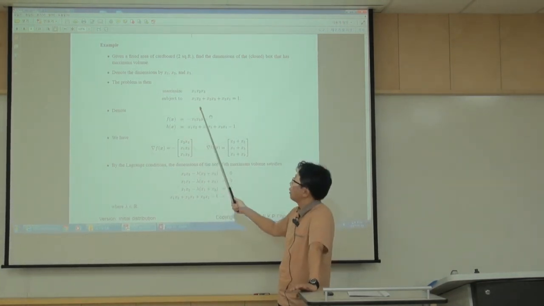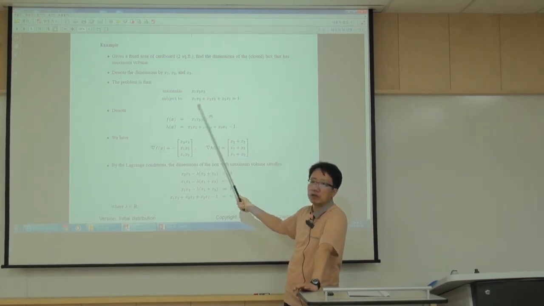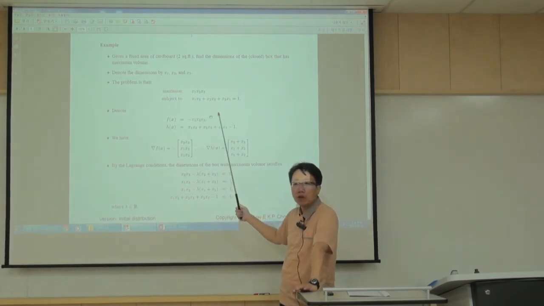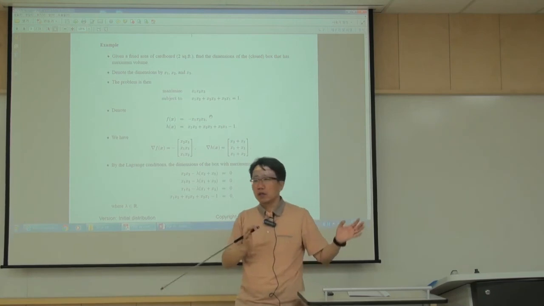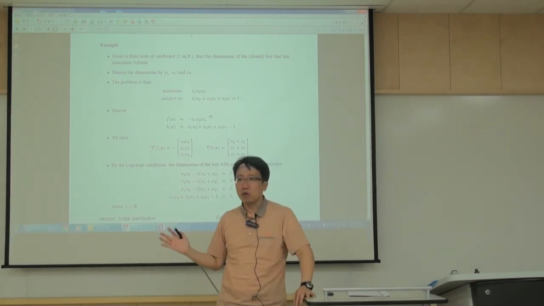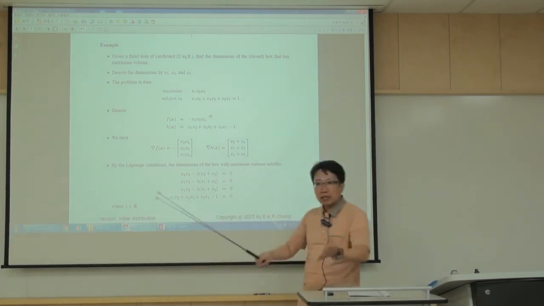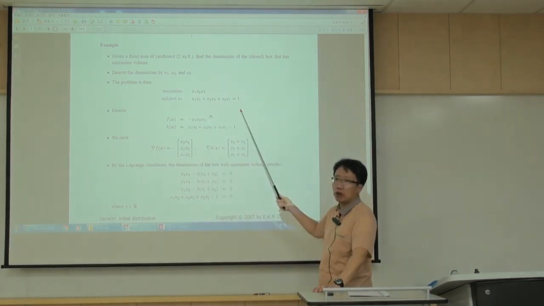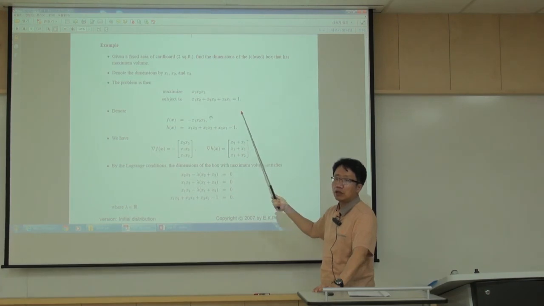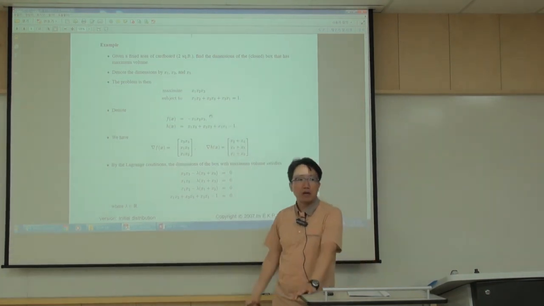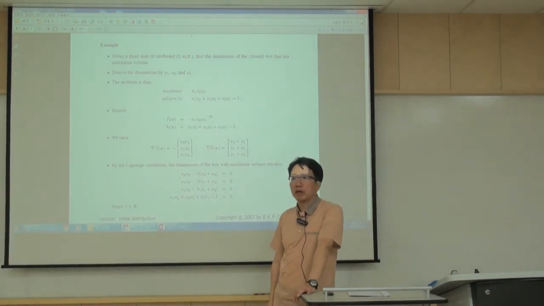Of course, you can put x1 greater than 0, x2 greater than 0, x3 greater than 0, and then use the KKT theorem we are going to study in chapter 21. But by relaxing this, by removing the inequality constraints, you can use the Lagrange multiplier theorem. So let's do that.